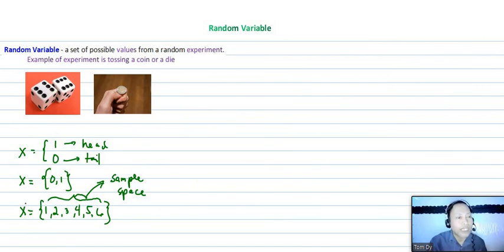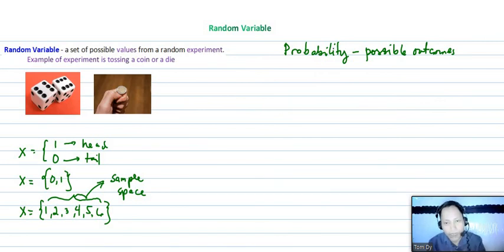Now in talking also about random variable, we have what we call the probability. The word probability describes possible outcomes. So this is how we describe the probability.